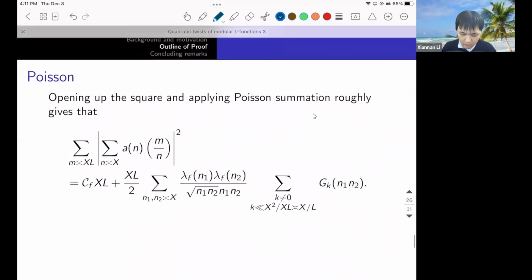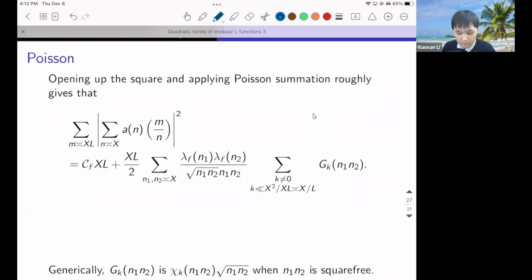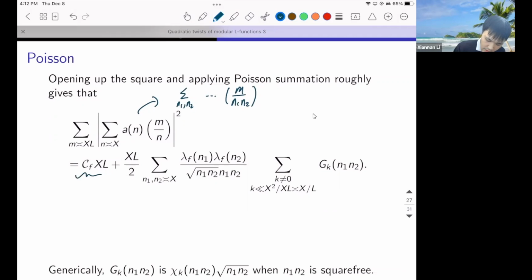Okay, so the next step is to open up the square and then apply Poisson summation, right? If you open up the square, this again becomes a sum over n1, n2 of some stuff, and then m over n1 n2. And we apply Poisson summation to the sum over m. What we'll get is a main term, or something that you might believe is a main term.